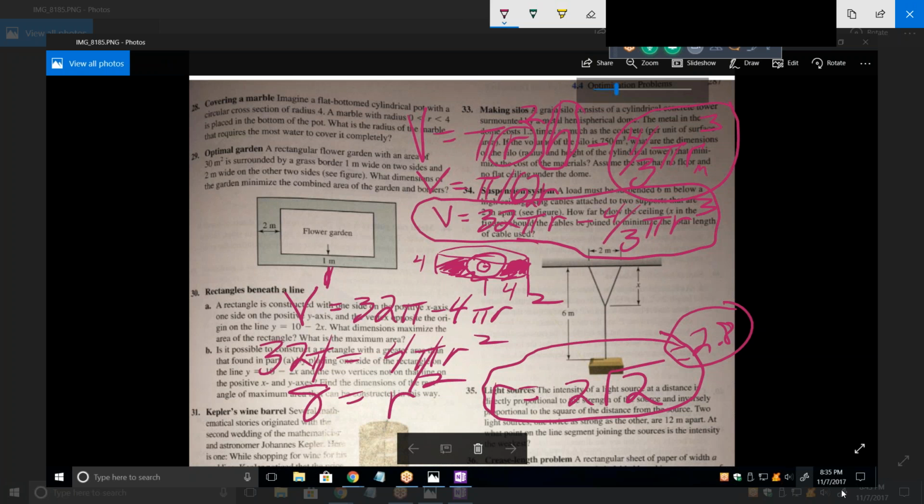Let's make it 4. Well, then the marble sits end to end and there's hardly any way to cover it. Even if I have a cylindrical pot that's big, that's 8 meters high, that doesn't require much water to cover that marble. So the size of the marble isn't clear as to whether making it smaller or bigger increases or decreases the amount of water to cover it.